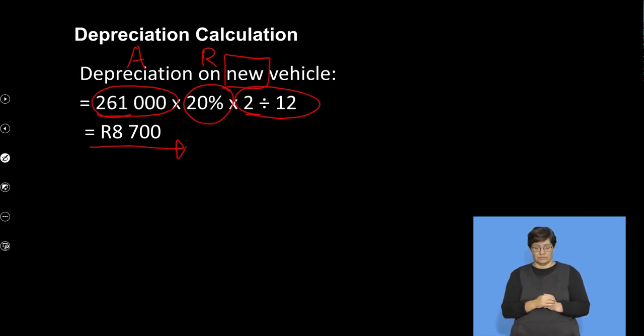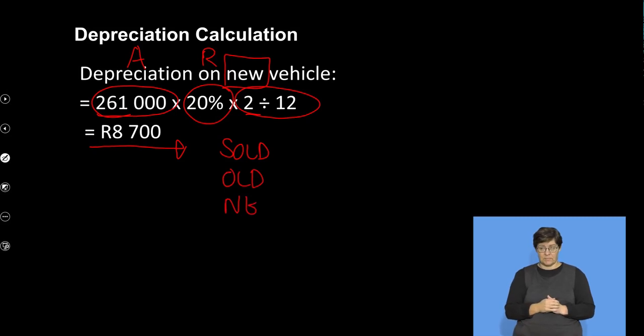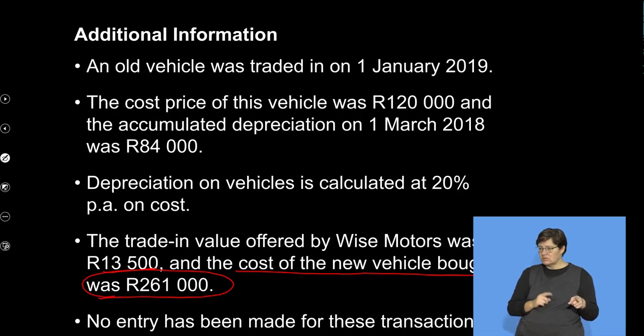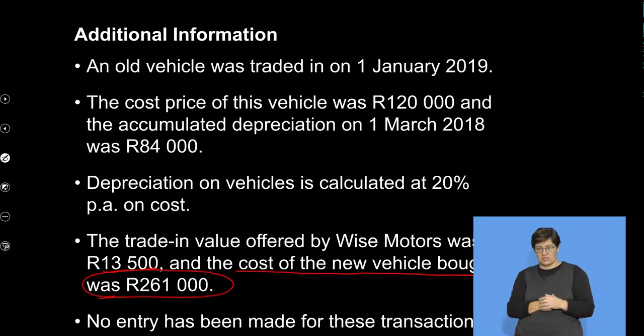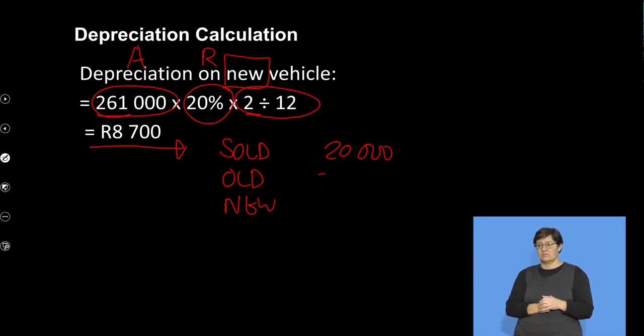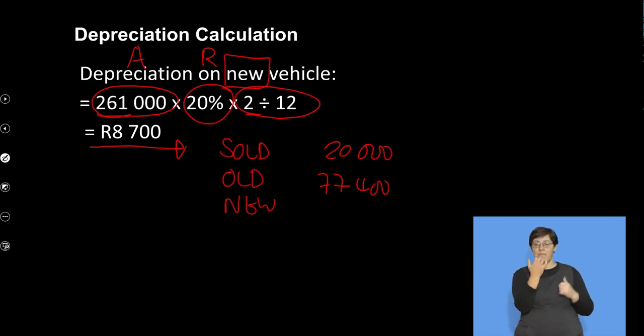So in other words, let's work out now. We can say sold, old, and new. Sold we know was 20,000. Old, we worked it out, was 77,400, and my new we calculated as 8,700.